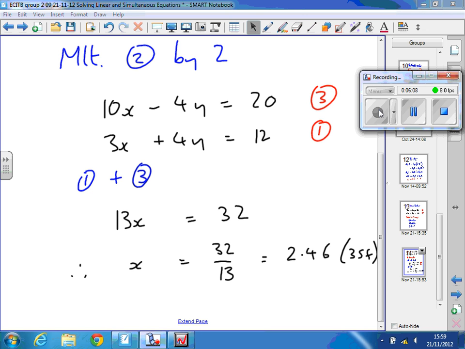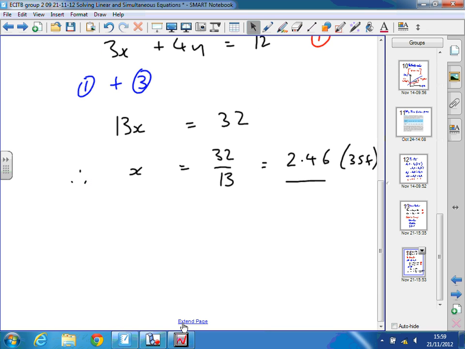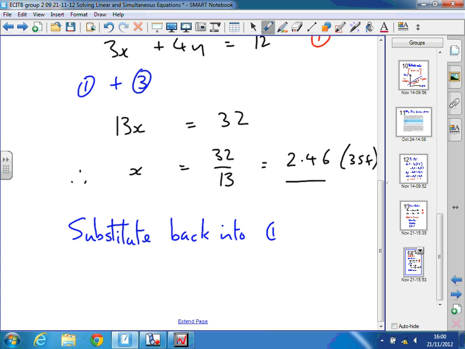So now we've got one of the values, x is 2.46. We now substitute this back into one of the original equations. So we substitute into 1. That means substitute my value of x back into, doesn't matter which you choose, but let's say into equation number 1.